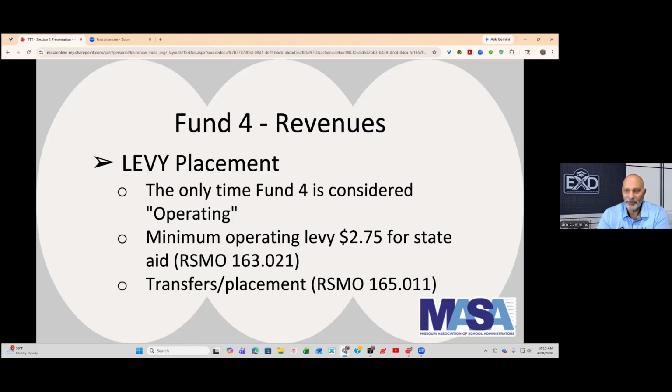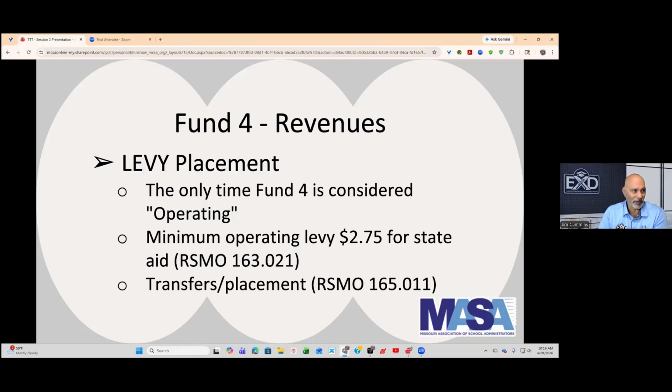However, your minimum operating levy has to be 275 in order to receive state aid. So if you are a district that rolls back to 270 or is below 275 and uses Amendment 2 to come up to 275, you do not have the option to put any of your levy into Fund 4.